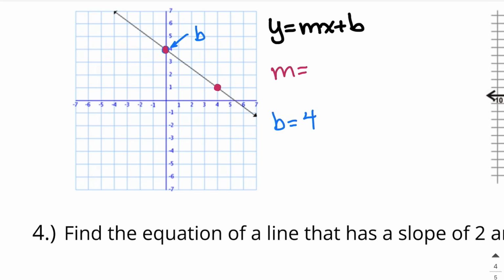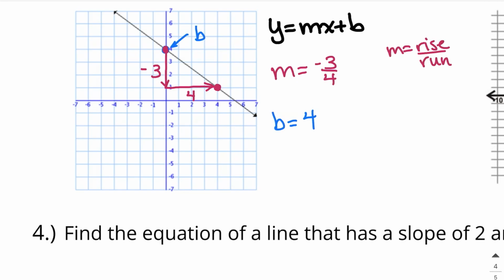So I'm going to draw in my rise and my run right here. This is my rise and it's -3 because it's going down by 3. And then this is my run and it's +4 because it's going right by 4. So here my slope would be -3 over 4 because remember slope is rise over run.